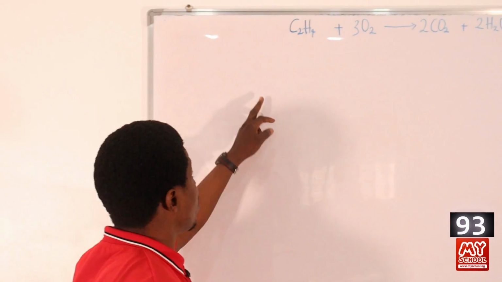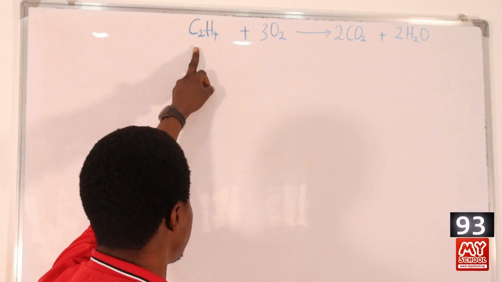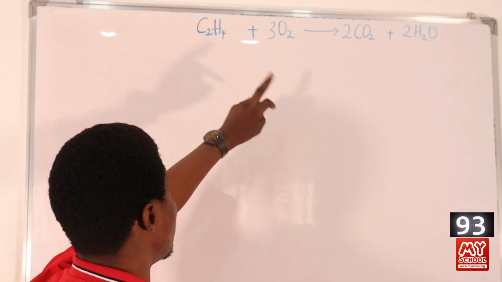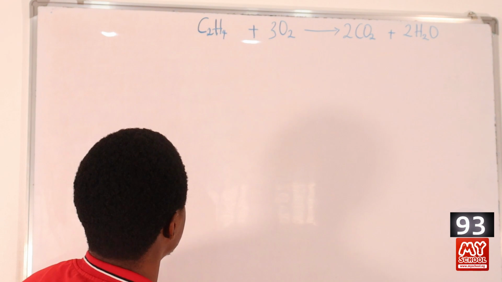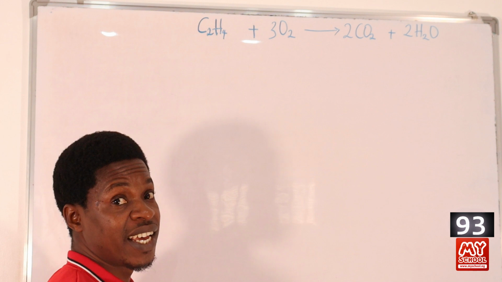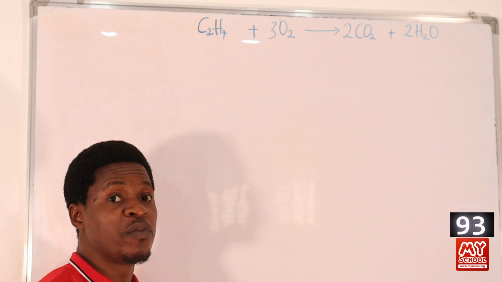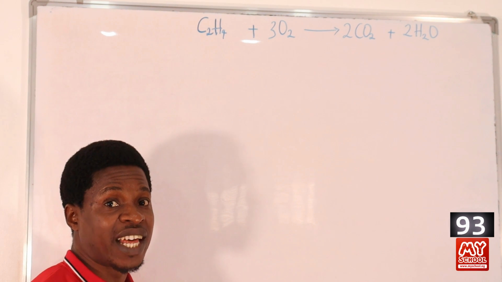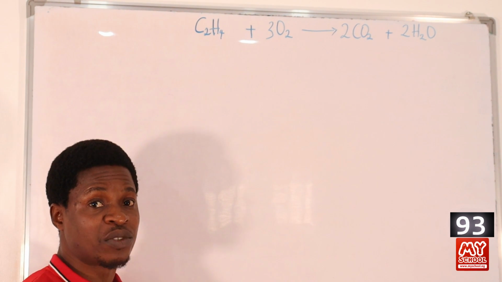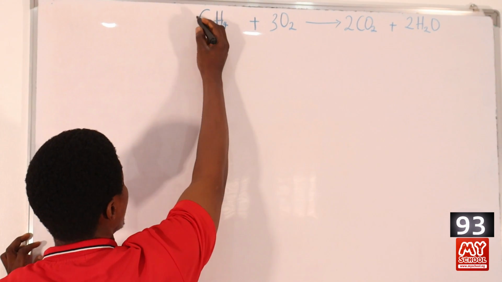We have the equation here already. That is your ethane gas reacting with oxygen, combustion, to form that. So if you look at the combining ratio now, according to Gay-Lussac's law, which says that provided temperature and pressure remain constant, when gases react together, they do so in simple whole number ratios.